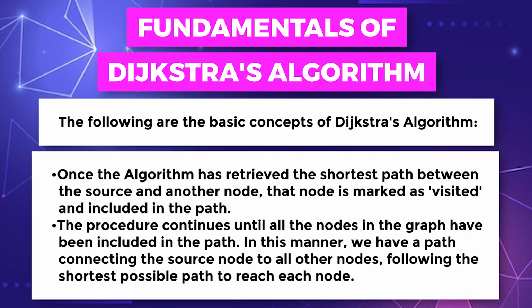Once the algorithm has found the shortest path between the source and another node, that node is marked as visited and included in the path. The procedure continues until all the nodes in the graph have been included in the path. In this manner, we have a path connecting the source node to all other nodes, following the shortest possible path to reach each node.